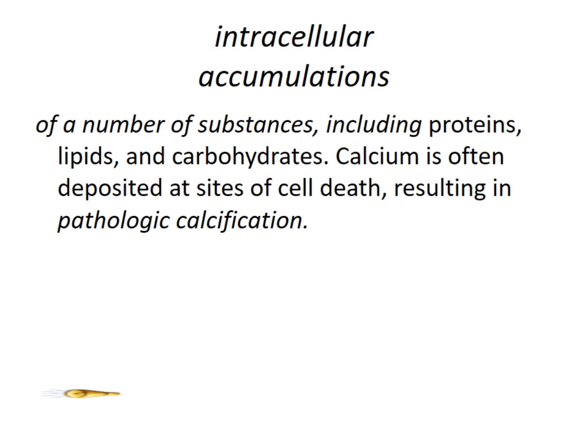So you will learn about intracellular accumulation at the end of this chapter. So this was all about the summary of cell injury and its response. Then this chapter will be over.